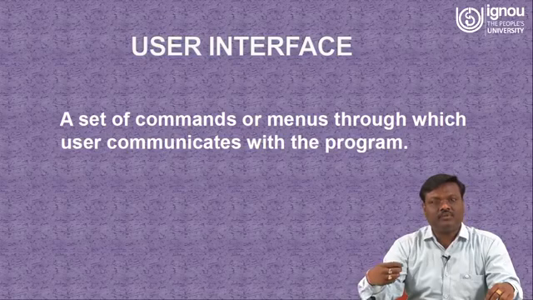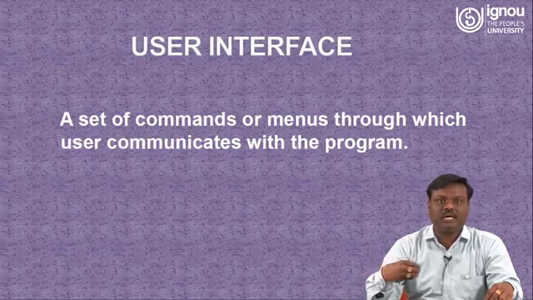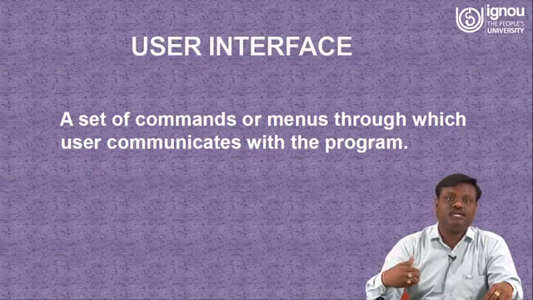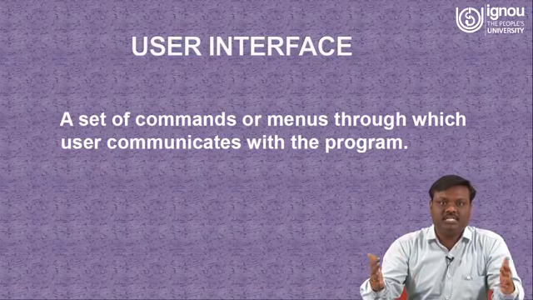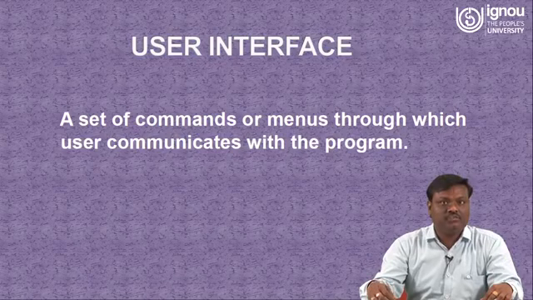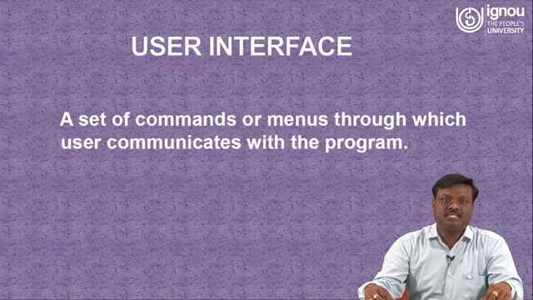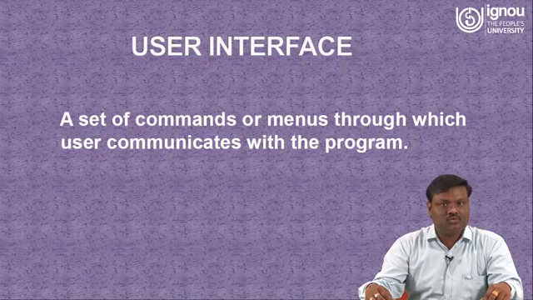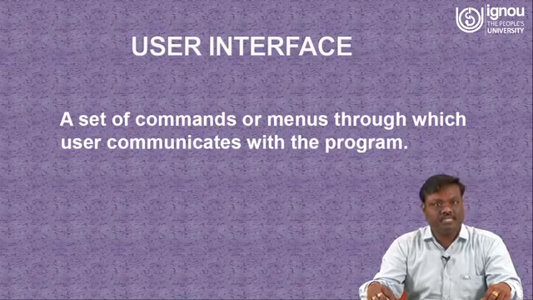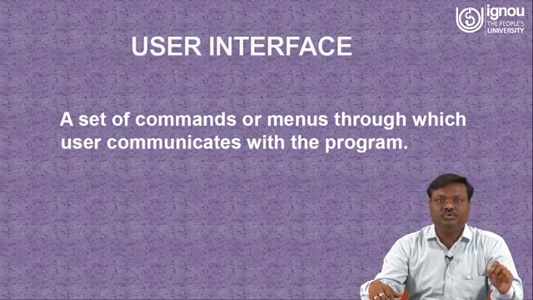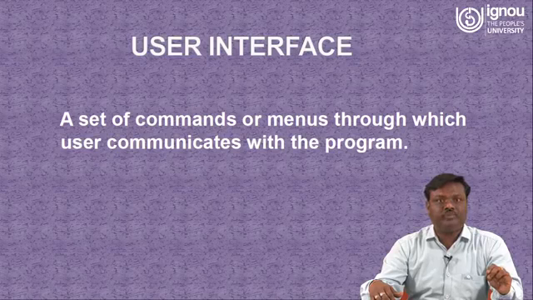Whatever program we wish to run, or whatever command we want to give, or whatever folder we want to open, it gives you a user interface in graphical form. In Windows it provides the graphical user interface, and if you take the case of Unix or MS-DOS, it comes with a command line user interface. We have to remember the commands, and we have to enter those commands at a prompt, and then the appropriate output will come.